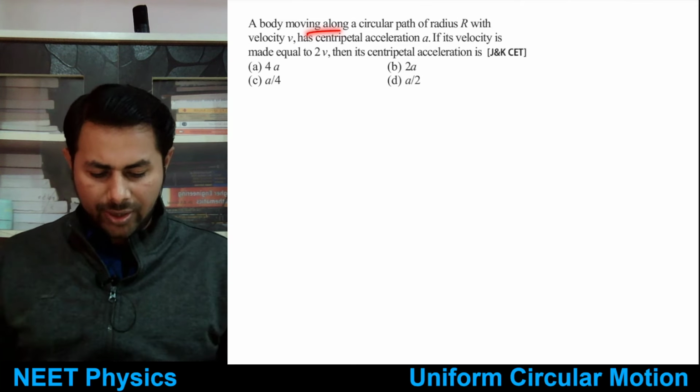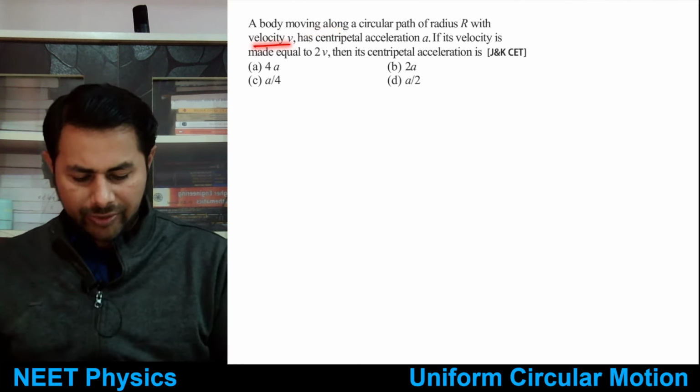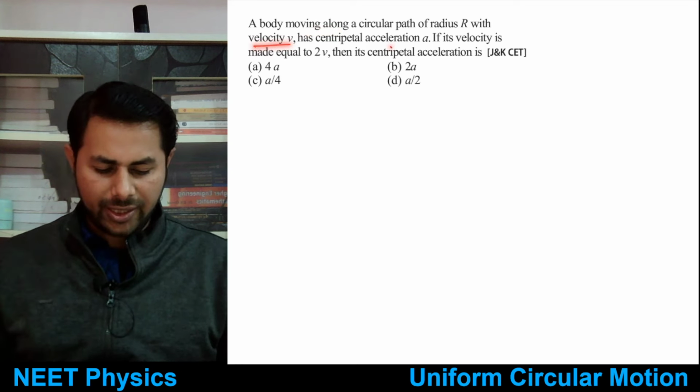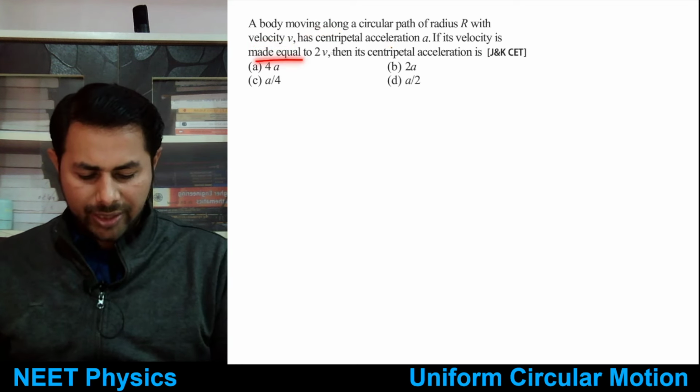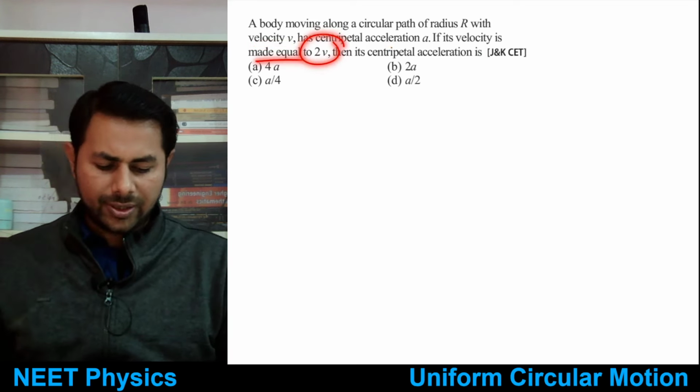A body moving along circular path of radius r with velocity v has centripetal acceleration a. If its velocity is made equal to 2v, then its centripetal acceleration is... okay, this is another variant of a question. So this is straightforward, right? Centripetal acceleration is equal to v square by r. If you don't change radius, velocity is made twice, then what will happen to the acceleration?